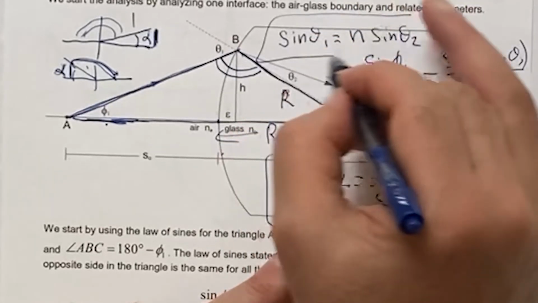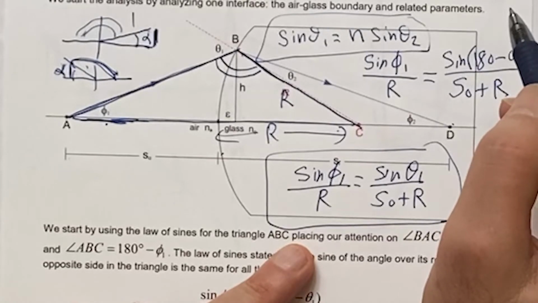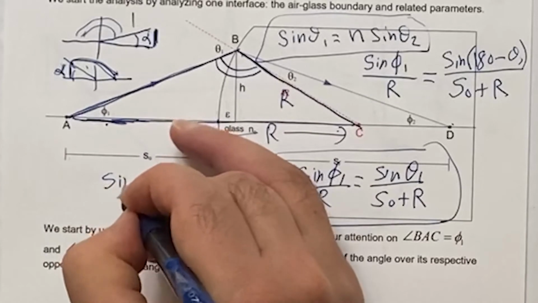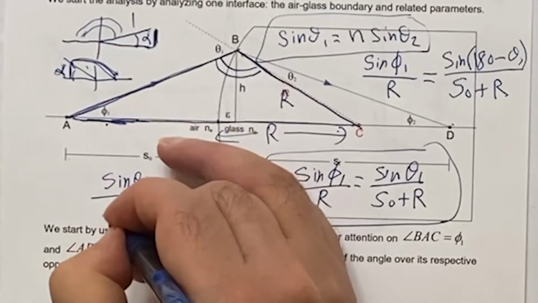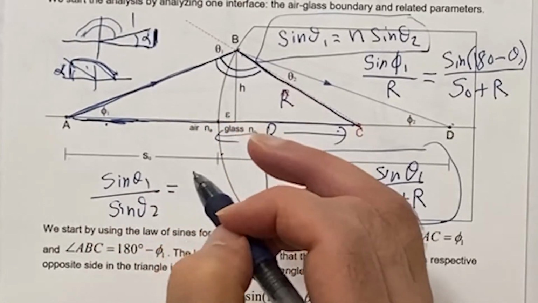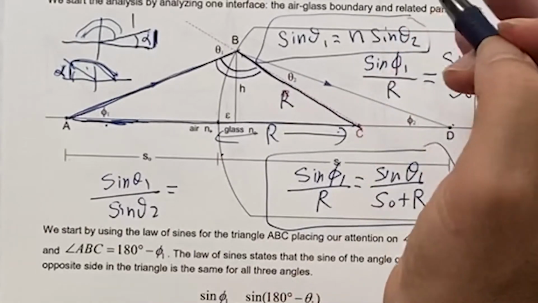Then this result kicks in, and this result here shows you the sine of theta 1 over the sine of theta 2. In this case, why don't we not make it air?